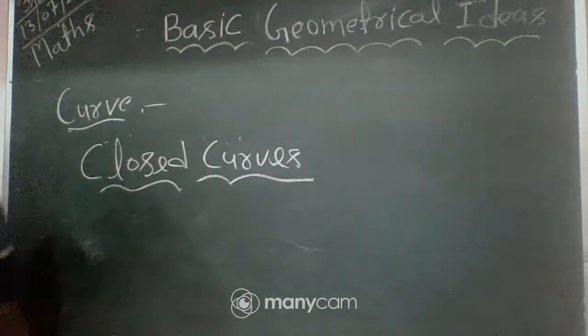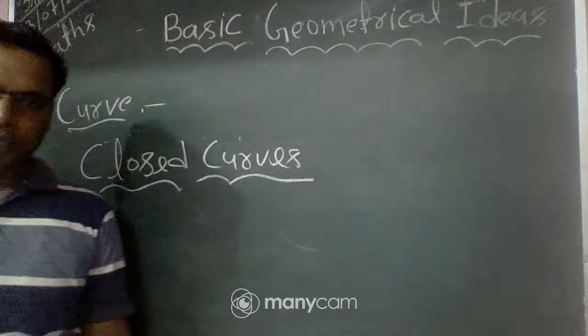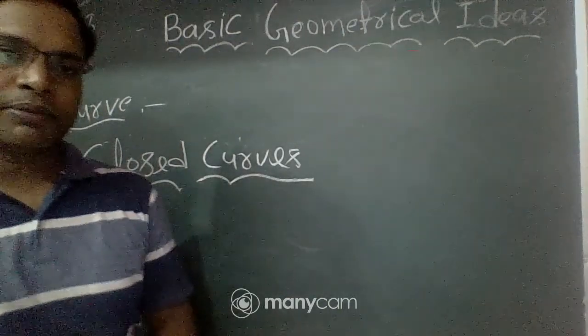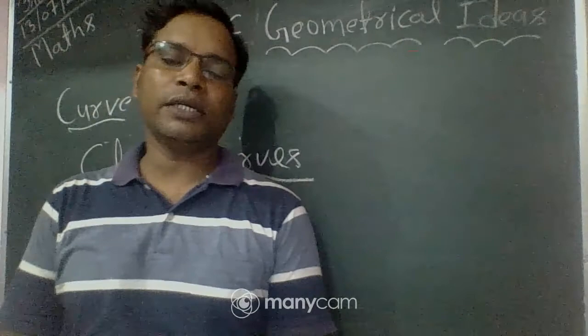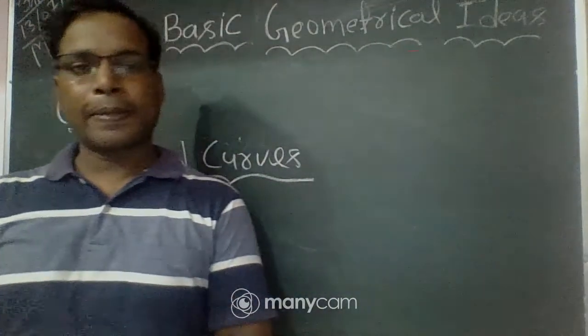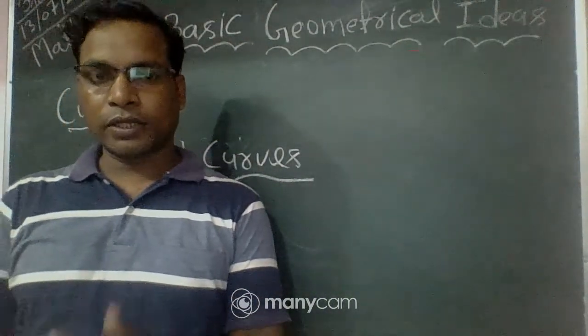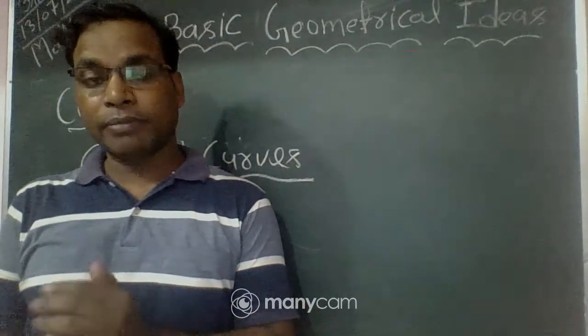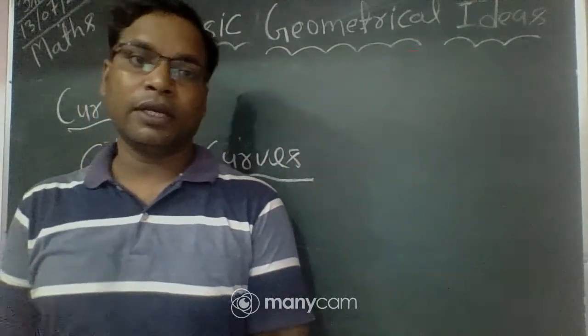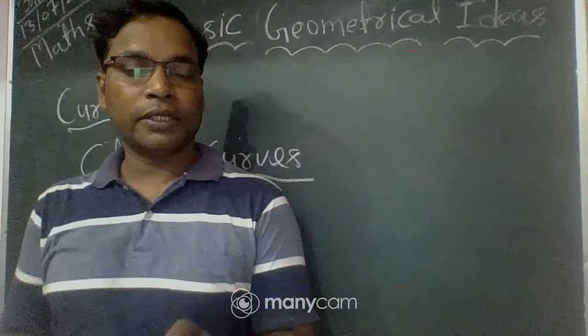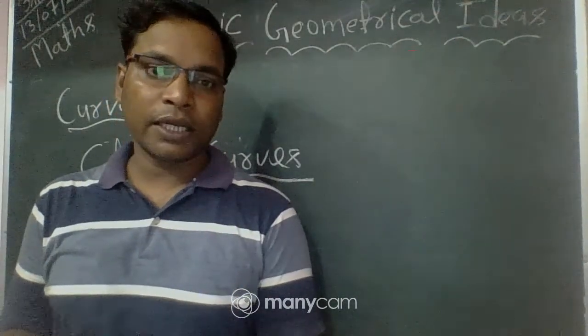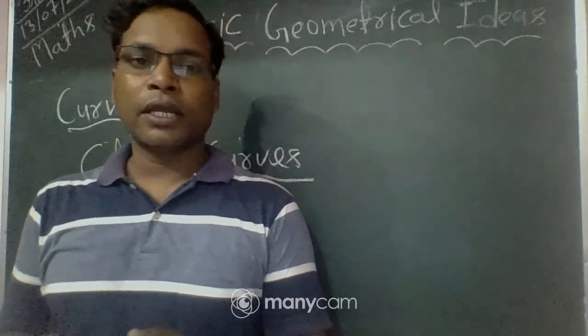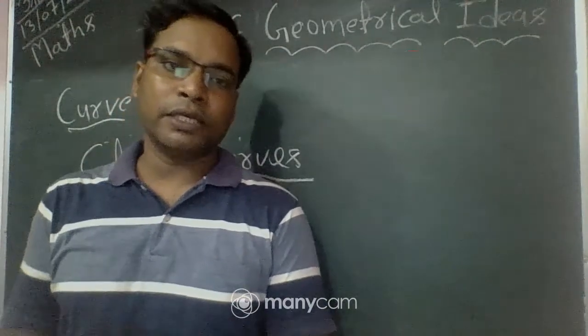The curve which has the same beginning point and end point is called a closed curve. The curve which has different beginning point and end point is called an open curve, and the curve which has the same beginning point and end point, you can say the beginning point and the end point coincide, is a closed curve.